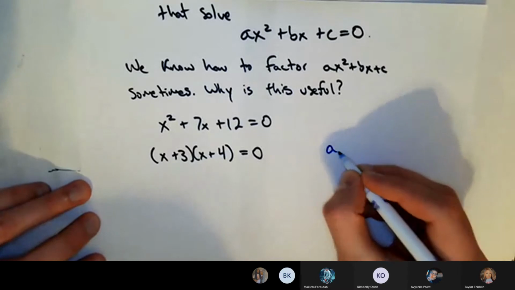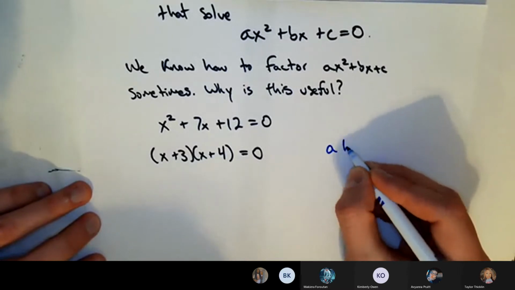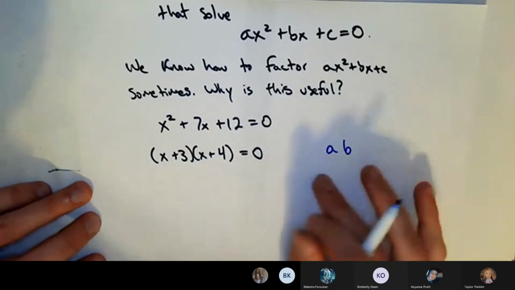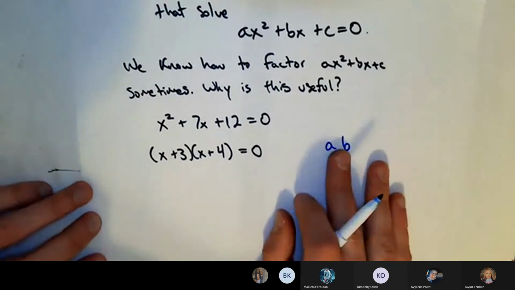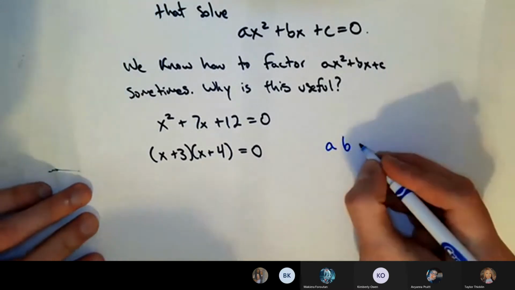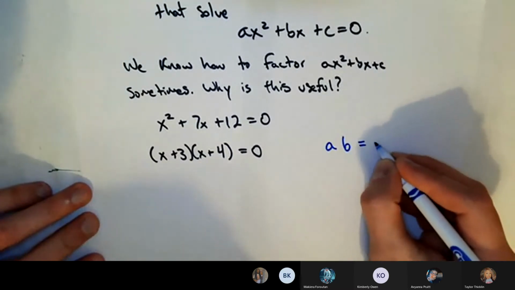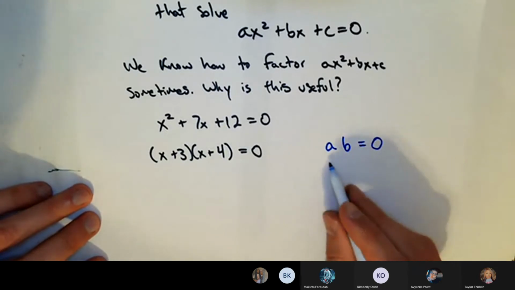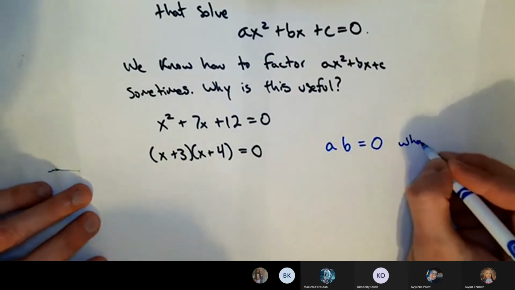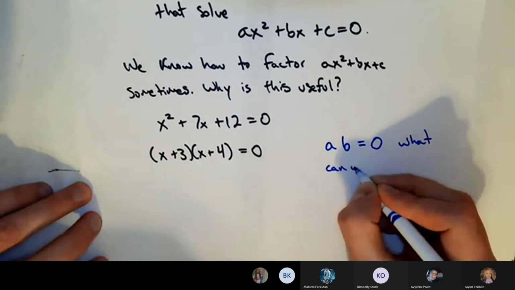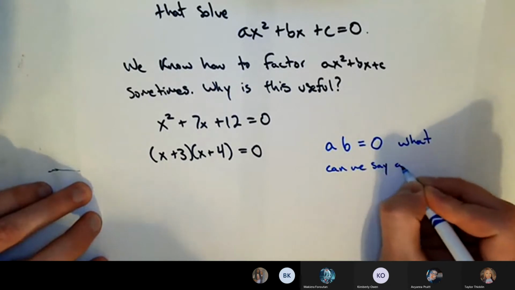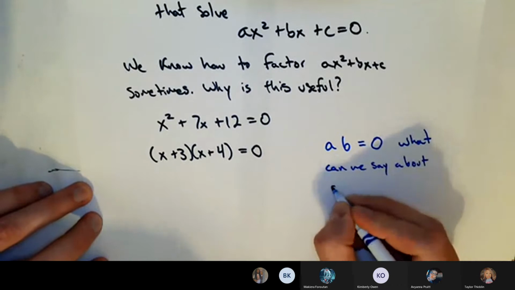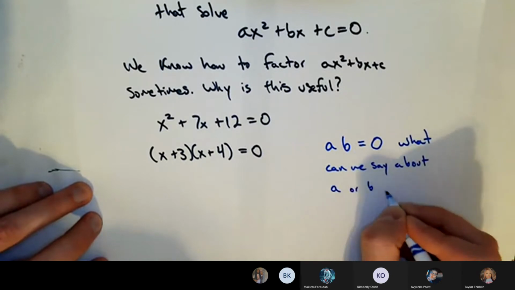But note that in general, if you have two things being multiplied together, a times b, just to be generic, it could be numbers, polynomials, functions, it doesn't matter. If two things are being multiplied together and they're equal to 0, what can we say about these things? What can we say about a or b? Any guesses?